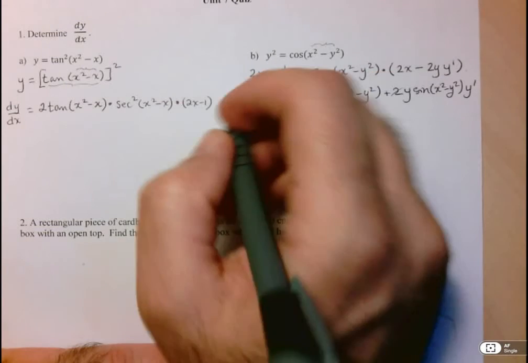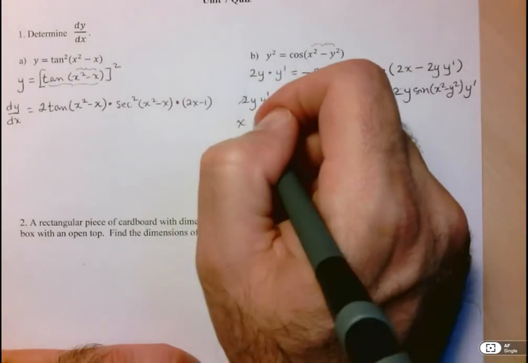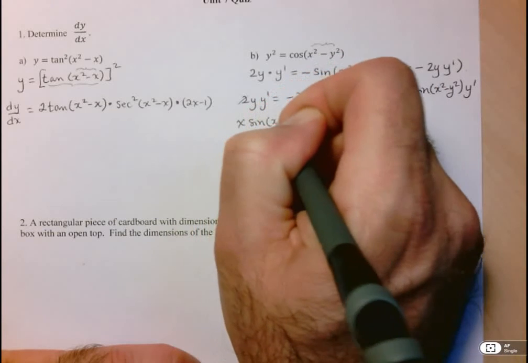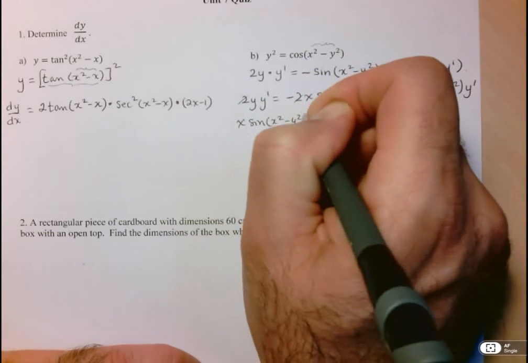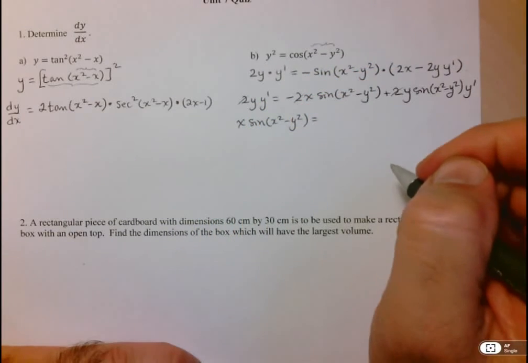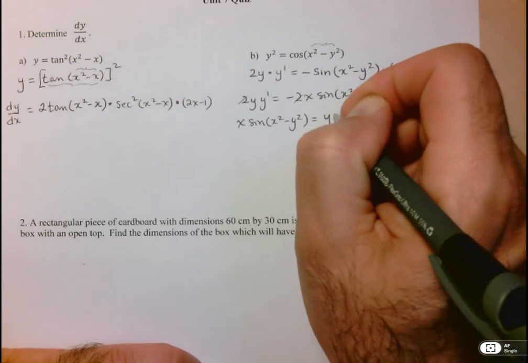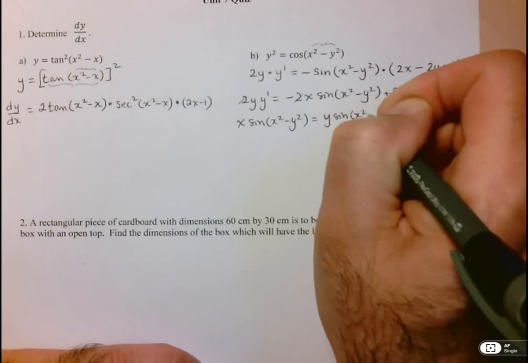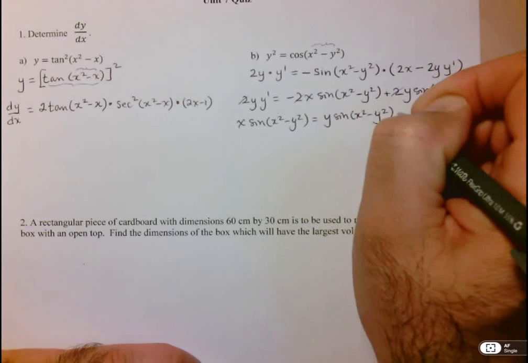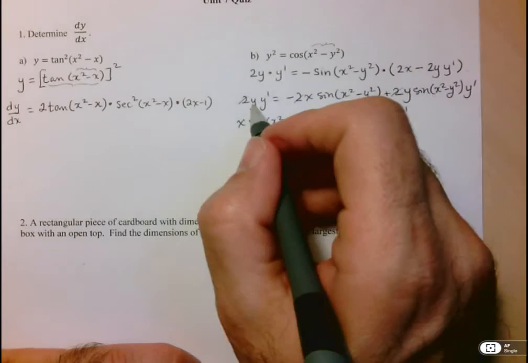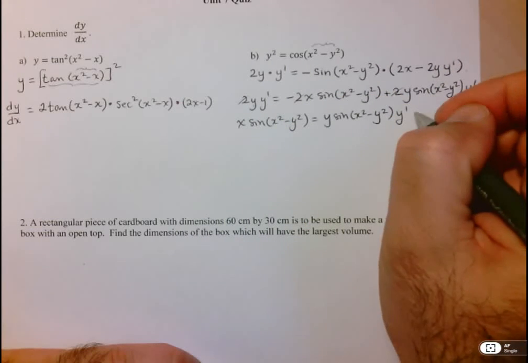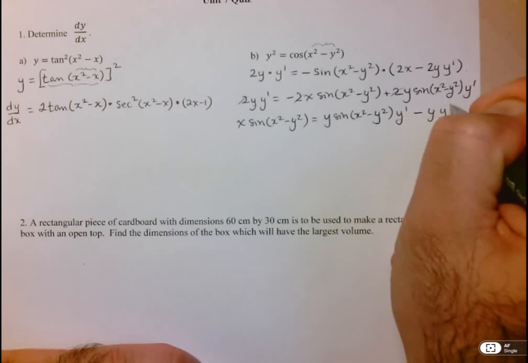This becomes positive x sine of (x squared minus y squared). Then on the right-hand side, I've got y times sine of (x squared minus y squared) times y prime, and bringing it to the other side it becomes minus y prime.